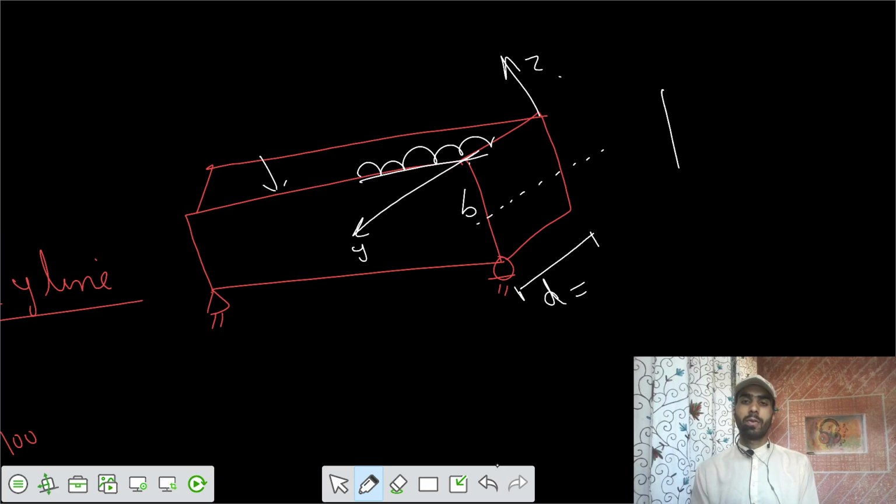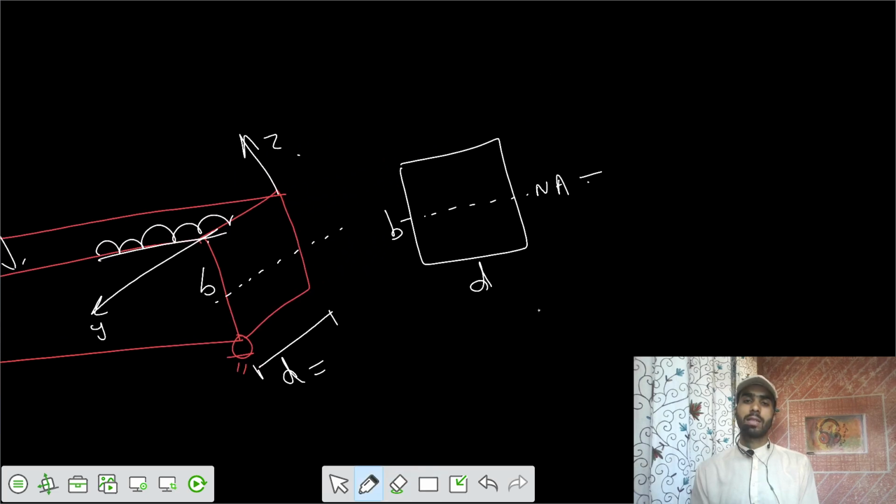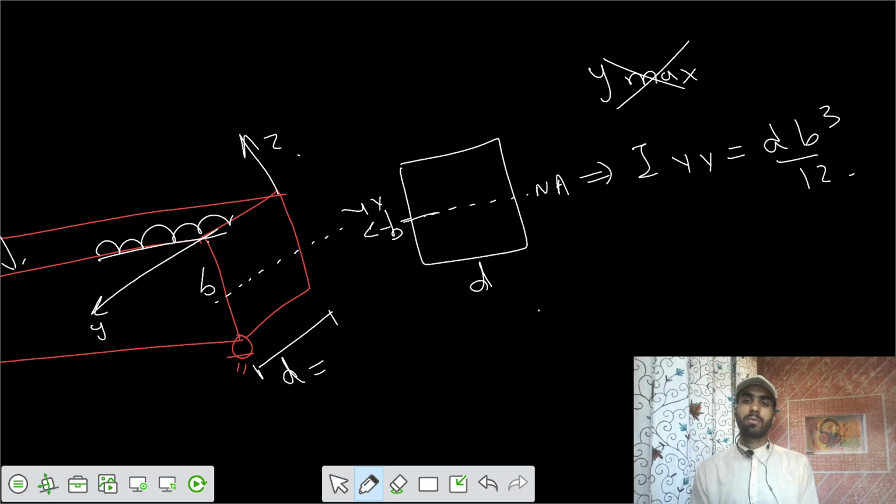So if you take this section, you have depth D and here you have width B, then you take that neutral axis. So this is the neutral axis, this is around IYY. We can say that this is the YY line. Then we can write the value of IYY equals DB cubed by 12. And Y max, we can say Z max, we can't say Y max. Let's write Z max.